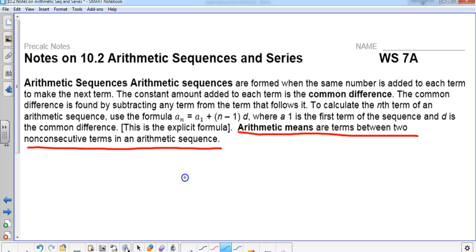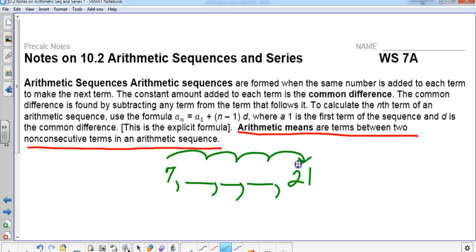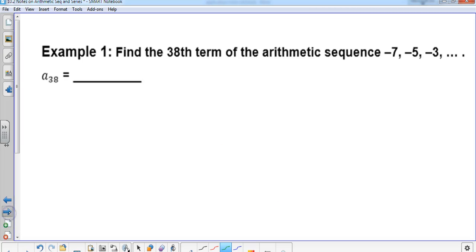If I say find the 3 arithmetic means between the terms 7 and 21, you'd have to find 3 numbers that go in here where you're adding a common difference every time. Okay? We'll do some of those in just a second, but that's an example of what we're going to talk about when it says arithmetic means.